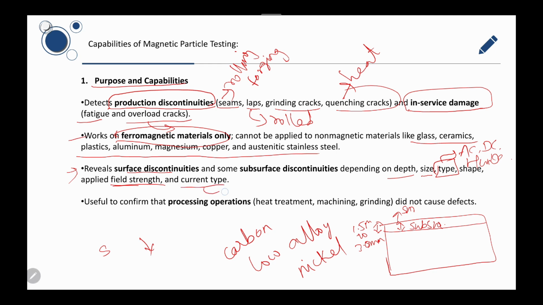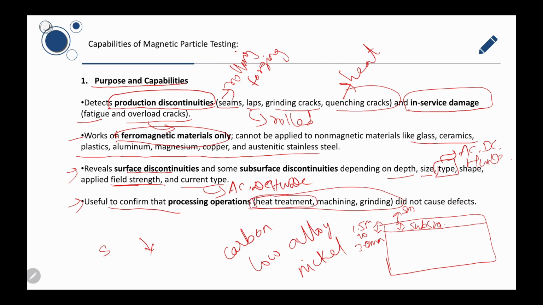And the current type, as we already know: AC, DC and half-wave DC are used. The next one is that MPT can confirm that machining, grinding or heat treating has not introduced new defects. For example, after grinding a shaft, we can check that no grinding cracks are present. Another example is heat treatment.